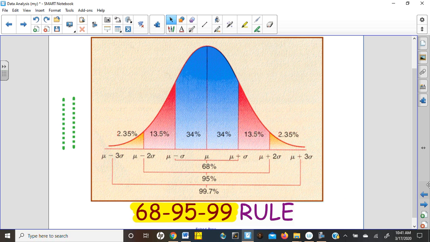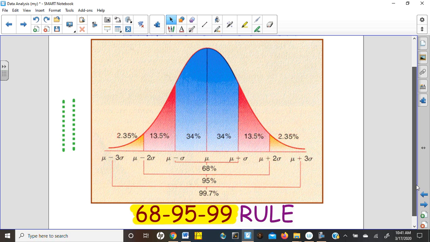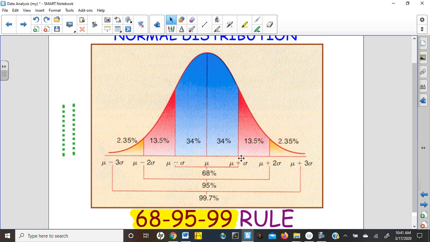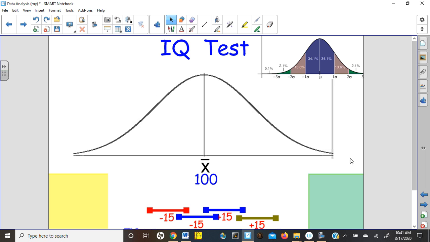But within 3 standard deviations, you almost have every single number, and if it's not, it's a big time outlier. There's formulas that will tell you how far out outliers are. Usually it's about a standard deviation and a half before it's considered an outlier, but that's probably beyond what we need to talk about right now.